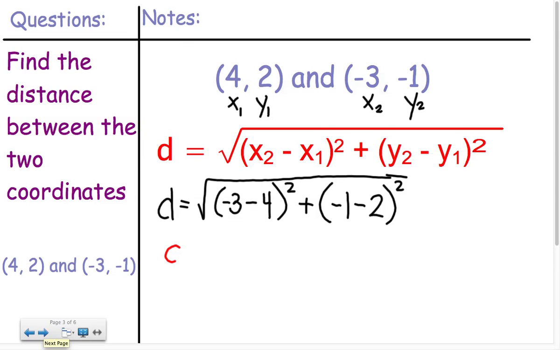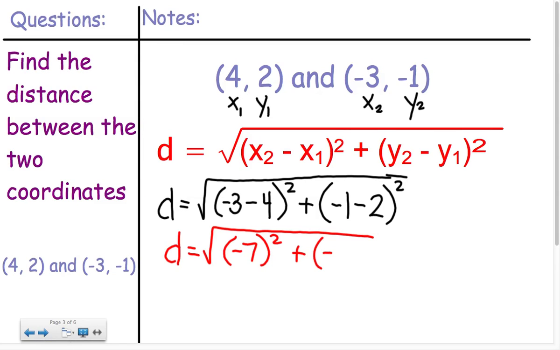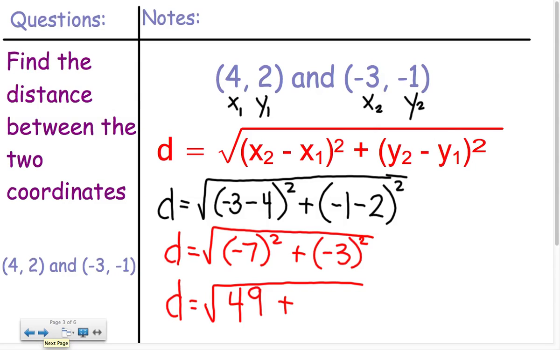Okay, negative 3 and negative 4 make negative 7. Negative 1 and negative 2 make negative 3. Negative 7 squared is like negative 7 times negative 7, which is 49. Negative 3 squared is like negative 3 times negative 3, so positive 9.